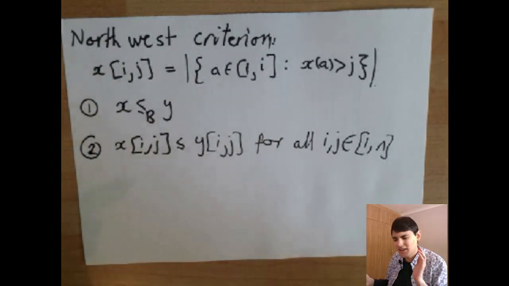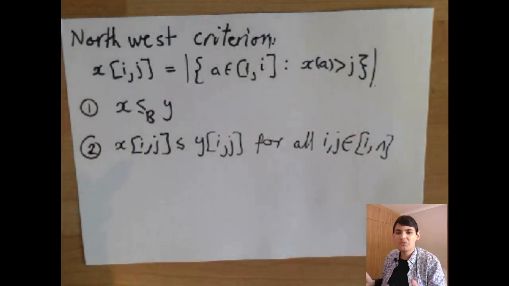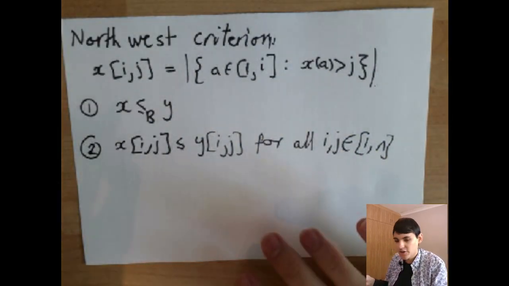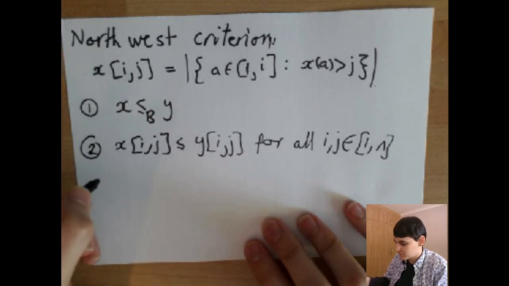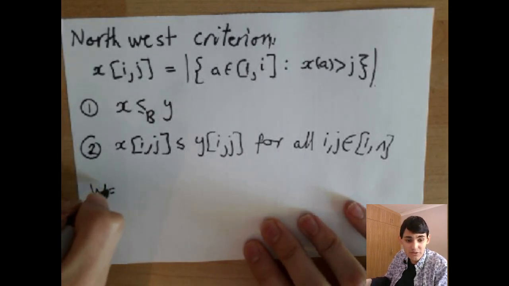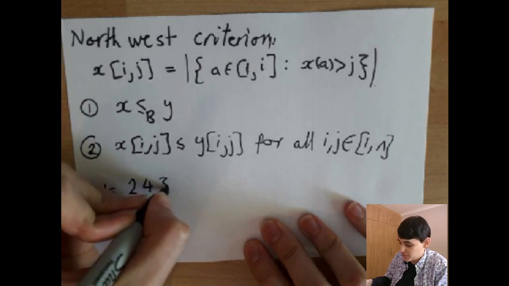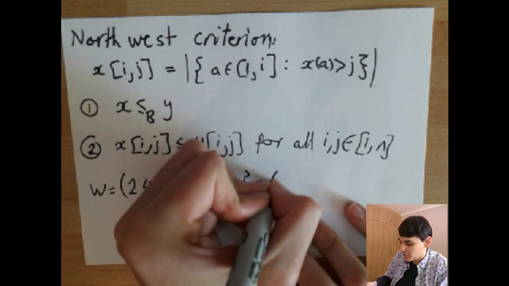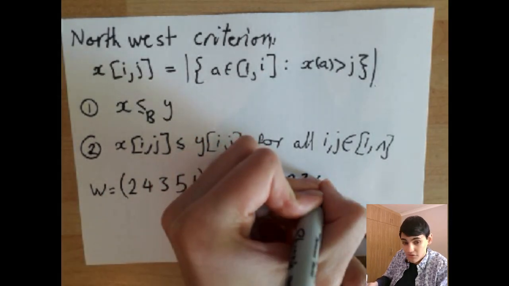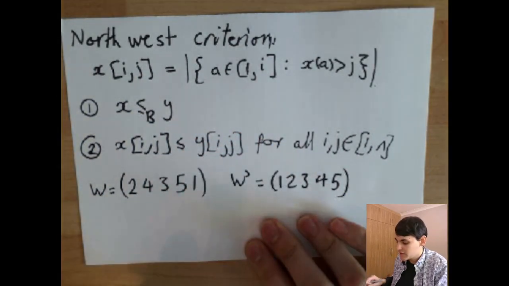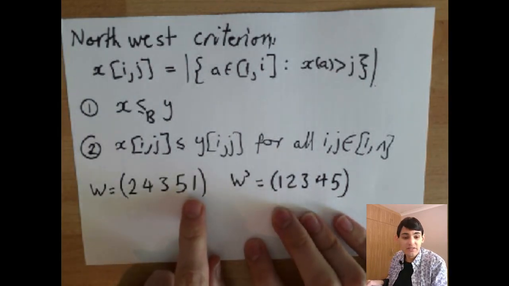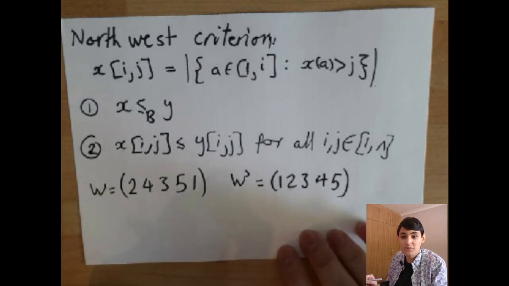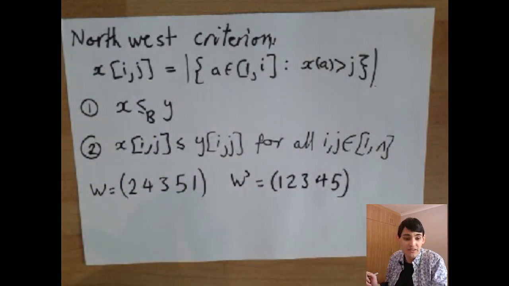But it's all well and good, we should really try and see this in action. Let's take w equal to 2, 4, 3, 5, 1, and w prime equal to 1, 2, 3, 4, 5. Upon first examination, it is unclear whether w and w prime are even comparable in the Bruhat sense.